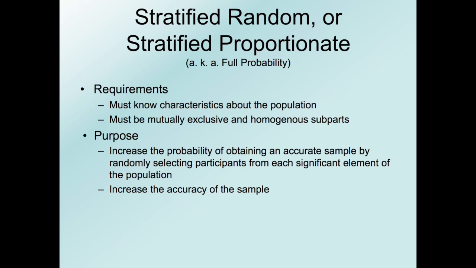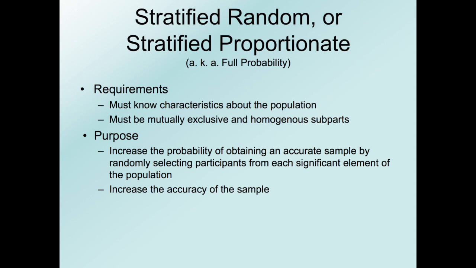Because in order to use the stratified random sampling strategy, you have to know the characteristics about the population. You have to know the relevant characteristics about the population, right? And the groups or the categories within your sample, similar to quota sampling where you've identified the relevant groups or categories, those groups or categories have to be mutually exclusive, right?